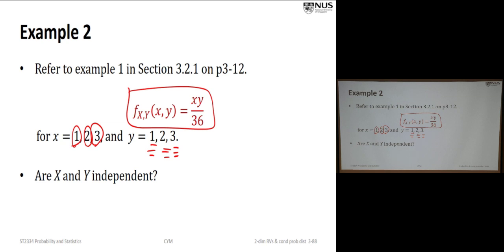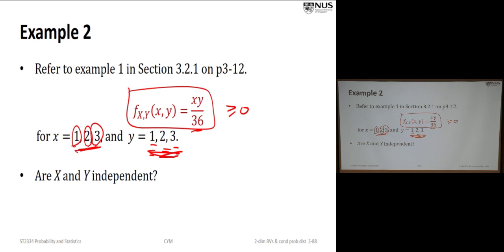I keep telling you that for a joint PDF, remember that each value has to be bigger than or equal to 0. So outside this range, of course, it is 0. But within the specified range for x and y, this is also bigger than 0 because x and y are positive.